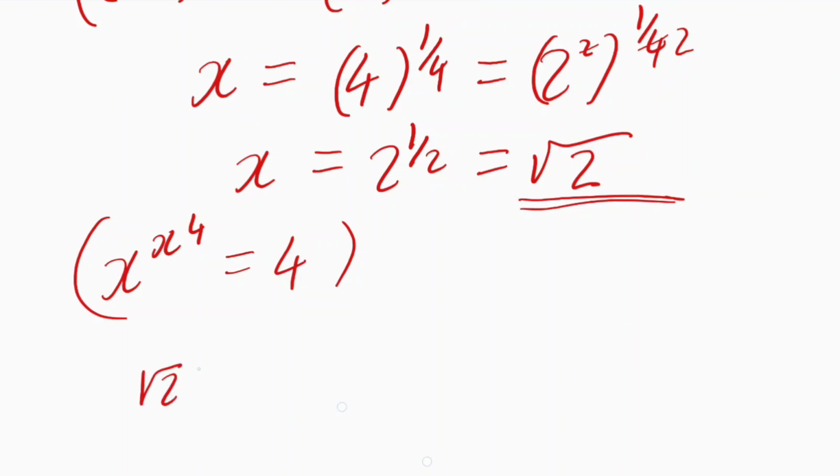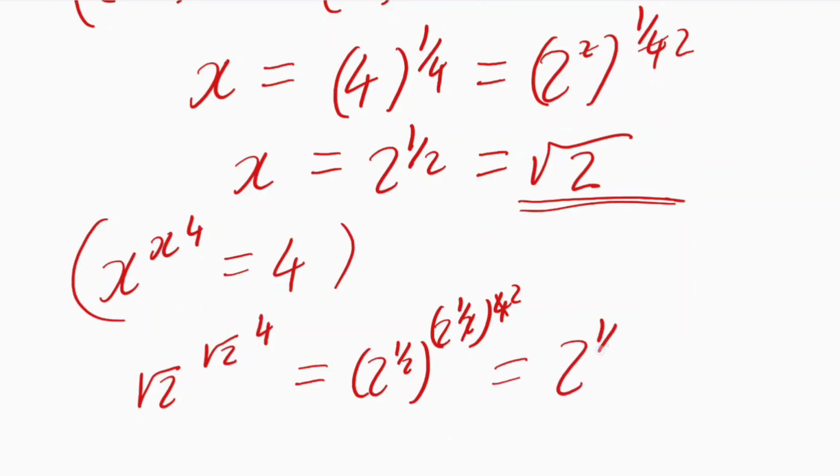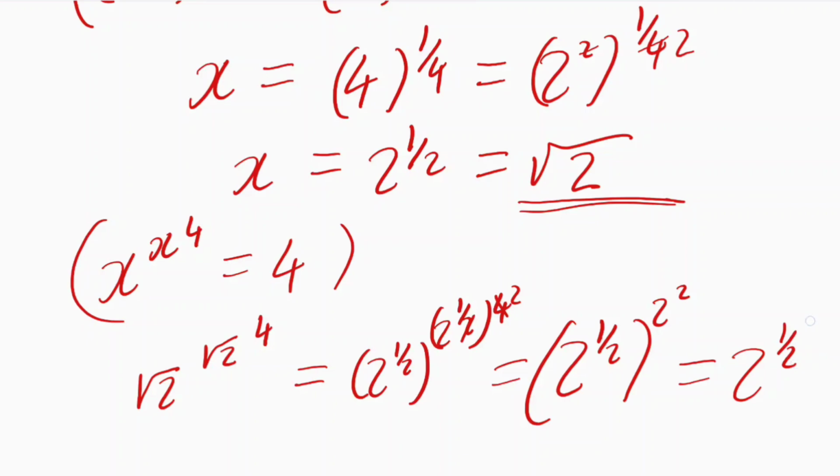We have the square root of 2 to the power the square root of 2 to the power 4, which is equal to 2 to the power 1 on 2, all to the power 4.